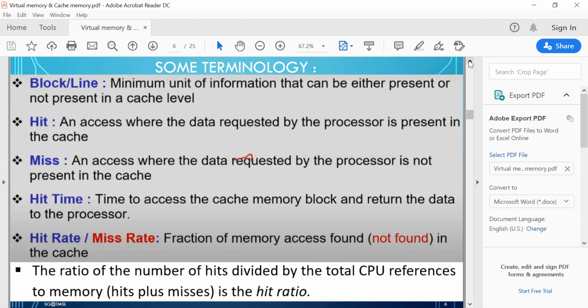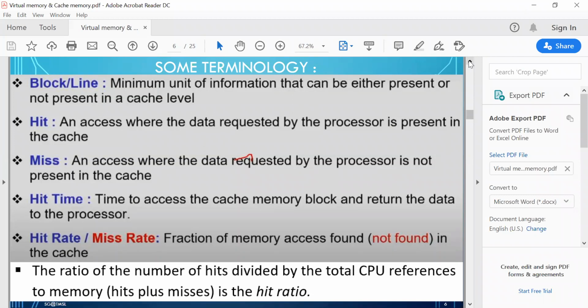Okay, so from main memory, a certain amount of instructions or data, whatever, the information must be stored inside the cache memory, not the full program or the full information which is stored inside the main memory.